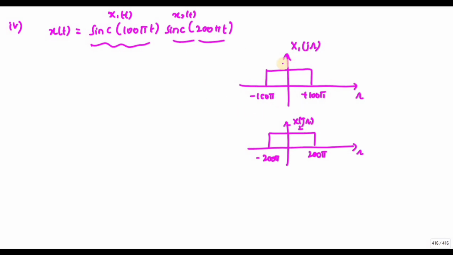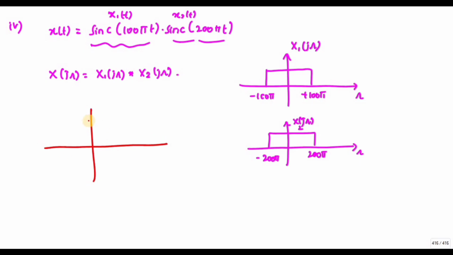Since it is a multiplication, X of j omega is equal to X1 of j omega convolved with X2 of j omega. So if I convolve these two, I will get a signal like this.